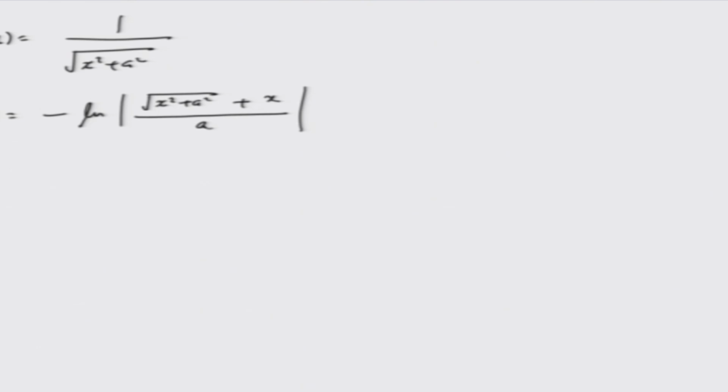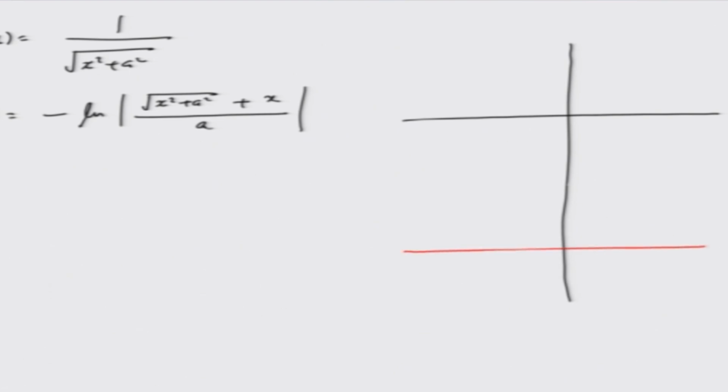So, let us plot this. Here is the axis. I will plot force with black and potential with red. So, this is the potential u(x), 0 here, and the force is 0 here, this is x, this is x.